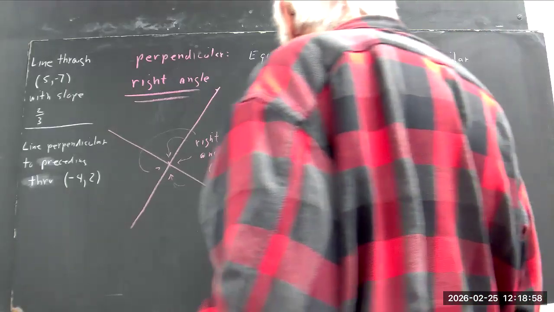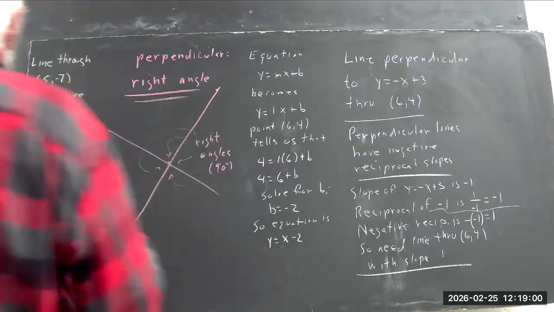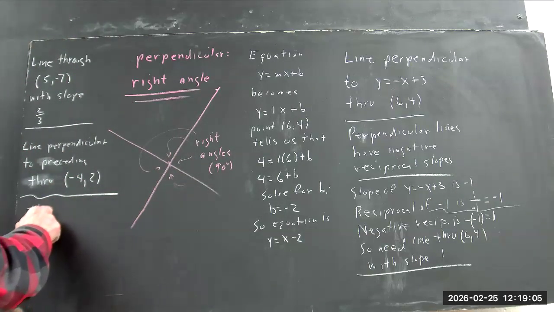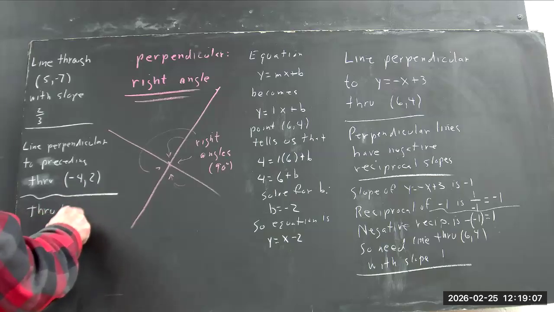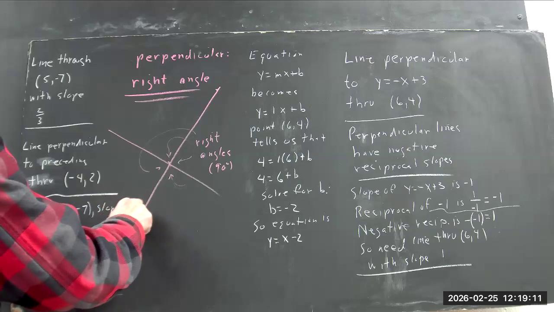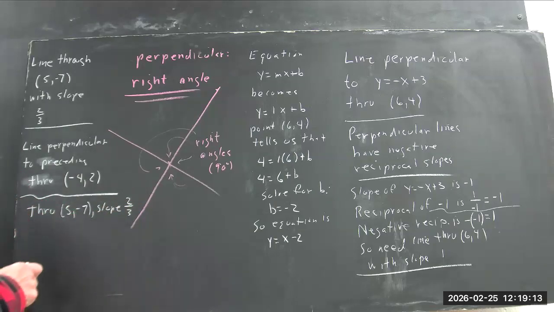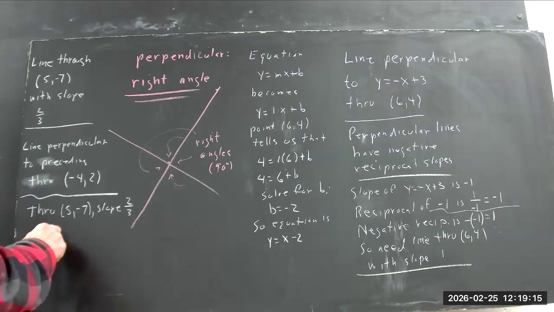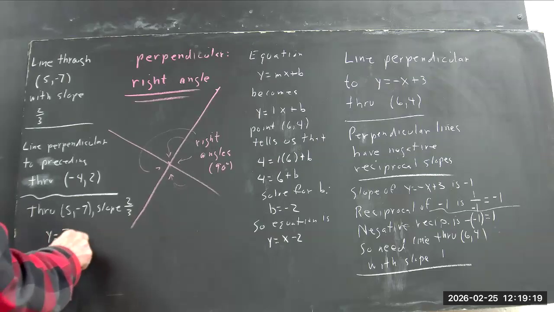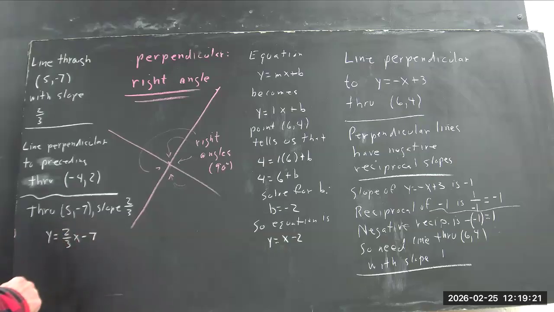Okay, now we have limited time, so I'm going to do this pretty quickly. First problem. Well, you're going to get y equals 2/3 x plus b.